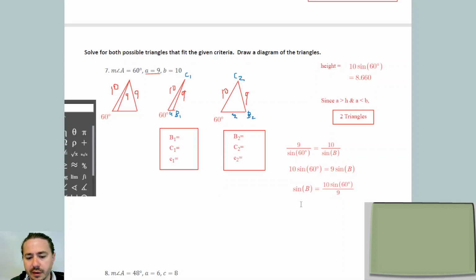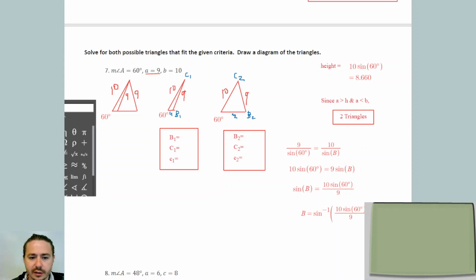To isolate B here, we need to take the inverse sine of both sides. So we get the inverse sine of all this, and this is going to be what angle B is.